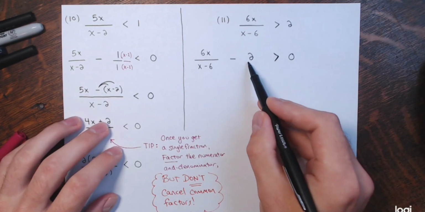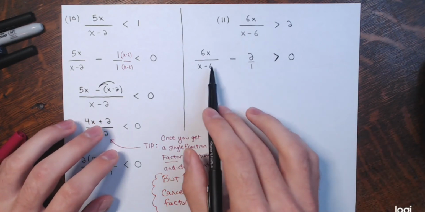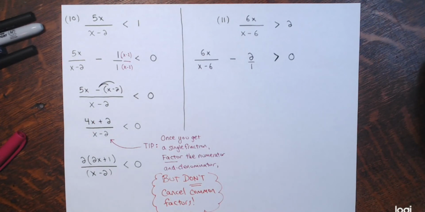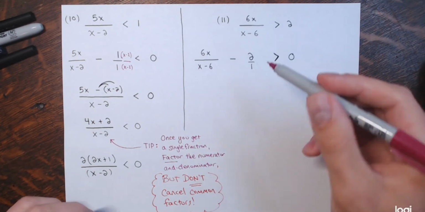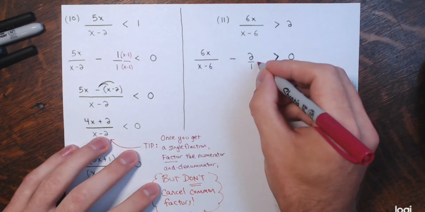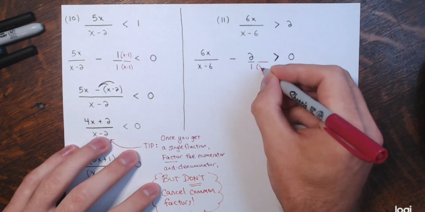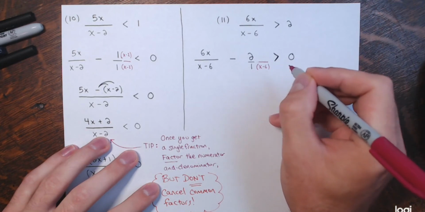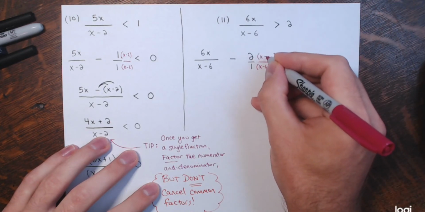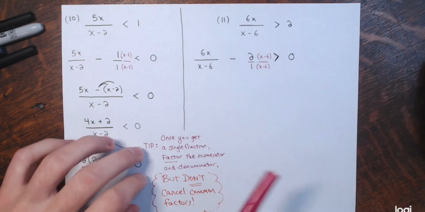And again, this is like 2 over 1. I want to get this put together as a single fraction: a single fraction on one side, 0 on the other. Well, an easy way to get the denominators to be the same, I'd multiply this denominator by the quantity x minus 6, and I would do the same with the numerator. So now I have the following.